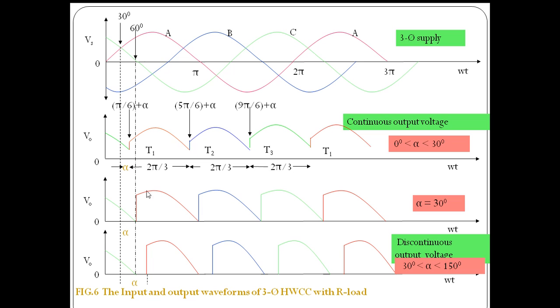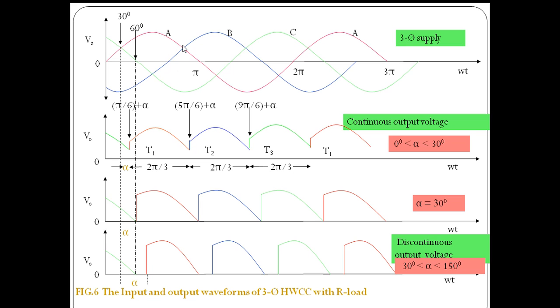Again, if we observe at this instant, phase B will be more forward biased, but we have not triggered at this point. If we closely observe, we have not triggered thyristor T2. So from this portion onwards, thyristor T1 will be in conduction only.